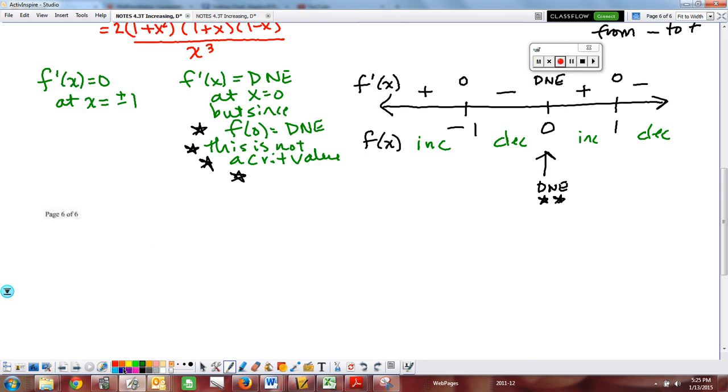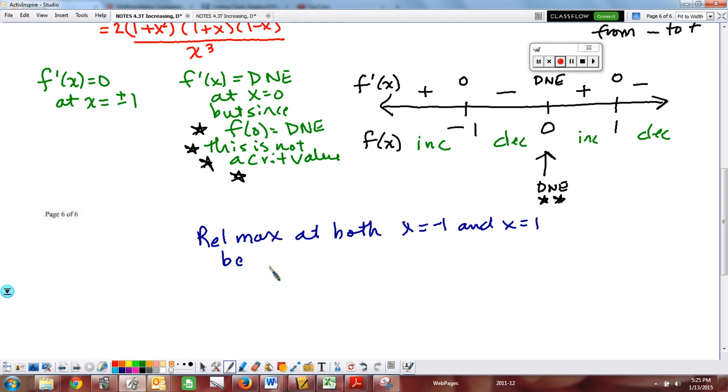So our answer to the question would basically be that there is a relative max at both x equal to -1 and x equal to 1 where it switches from increasing to decreasing.